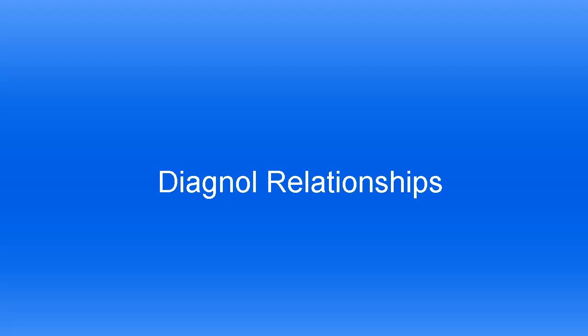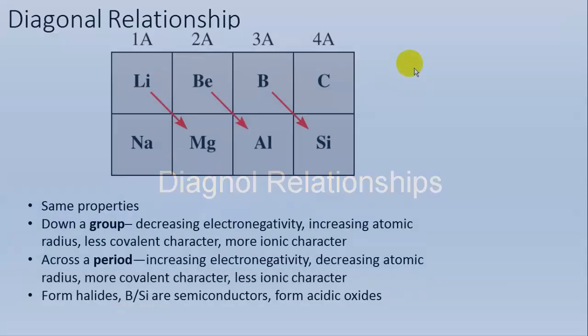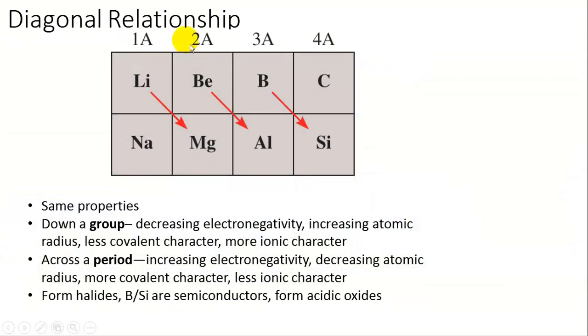The periodic table also has what's known as a diagonal relationship. If you look at group 1A and 2A, skipping the d-block elements, and then look at group 3A and 4A, you notice that the diagonal elements have a lot of the same properties. For example, boron and silicon, located diagonally from group 3A to group 4A, are both semiconductors.